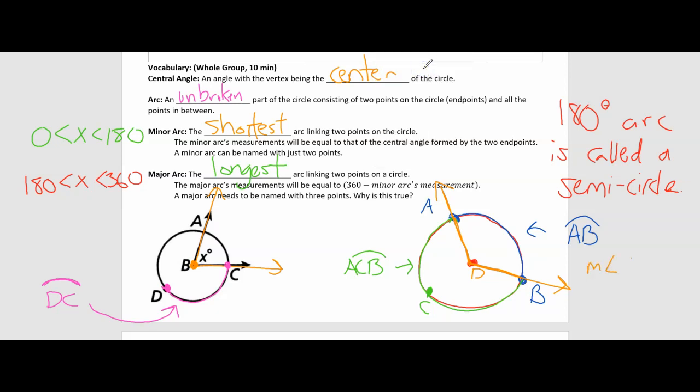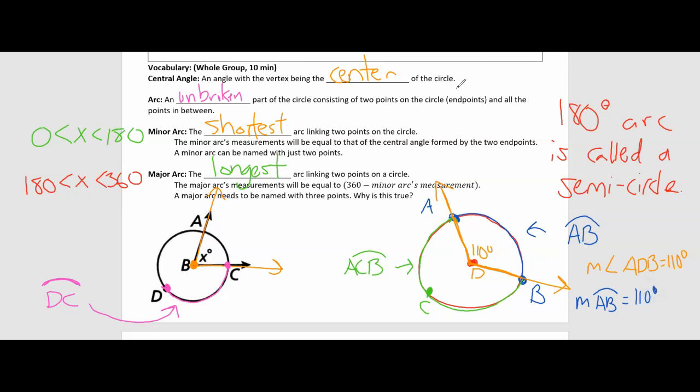The measurement of angle ADB, let's say that's equal to 110 degrees. If that angle is 110 degrees, I can then say the measurement of arc AB is equal to 110 degrees.